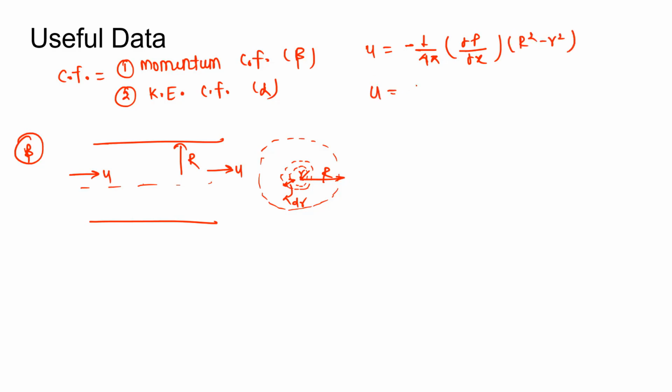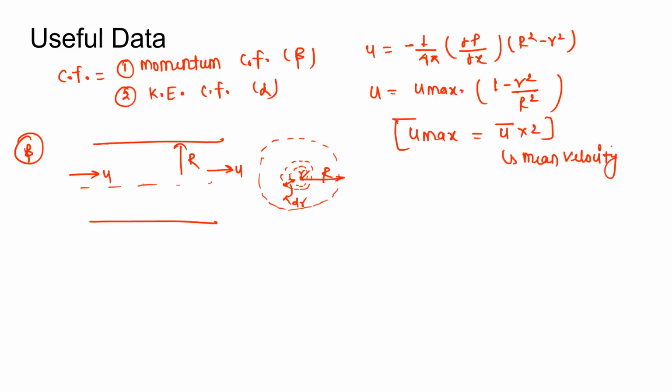That can also be written as u equals u max into 1 minus small r square by capital R square. U max for a laminar flow is 2 u bar, where u bar is the mean velocity. These are the standard results which we'll be using to find the momentum correction factor and the kinetic energy correction factor.